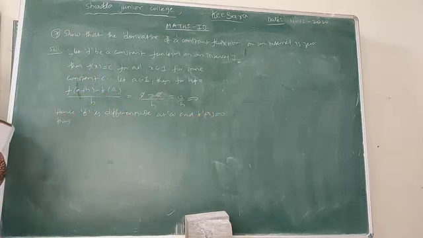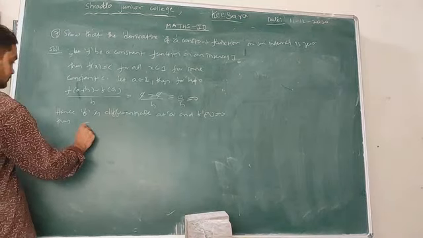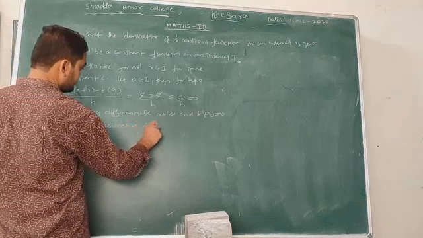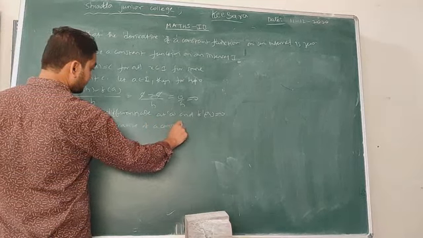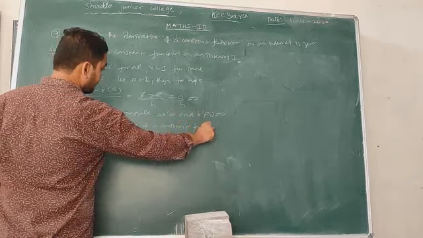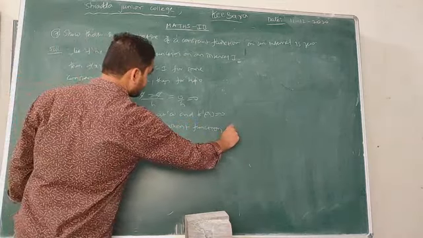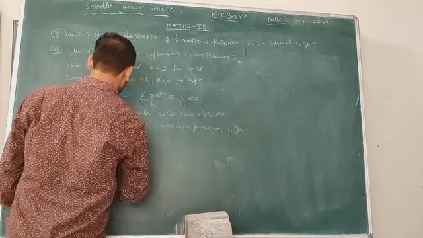Thus, the derivative of a constant function is 0.